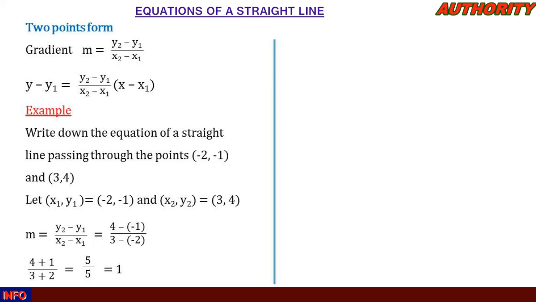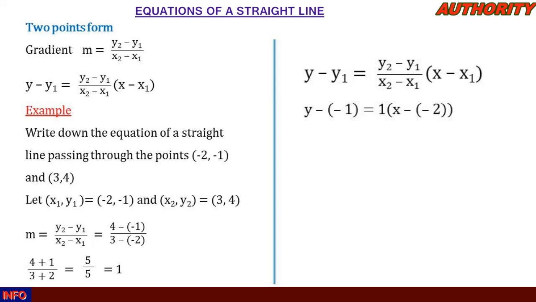Now let's go. In our formula we have y minus y1 is equal to y2 minus y1 all over x2 minus x1 open bracket x minus x1. So here we have solved for y2 minus y1 all over x2 minus x1, and we obtain the value to be what? 1. Let's replace it. Here we're going to say that y minus y1, which is minus 1, close bracket, is equal to 1 open bracket x minus x1.